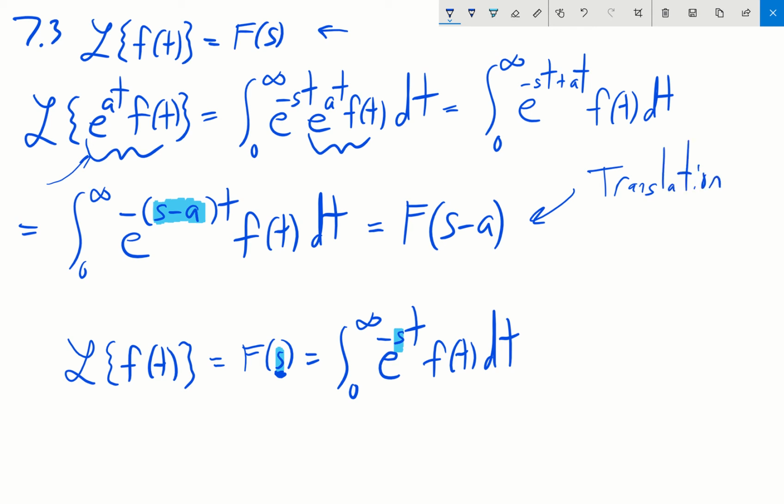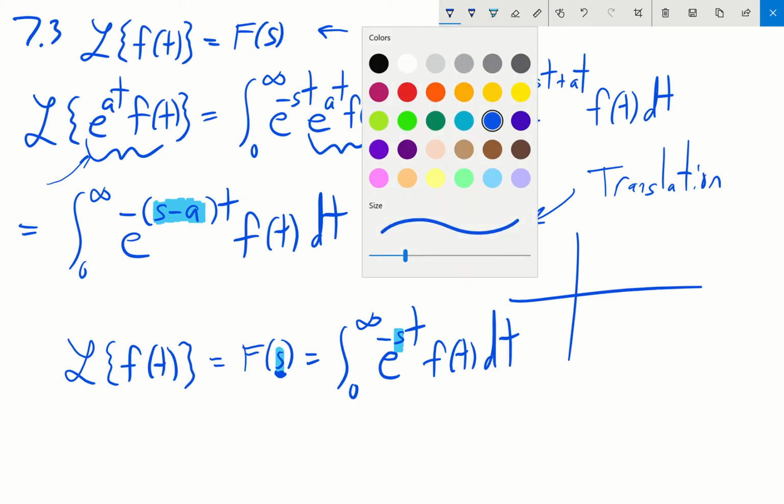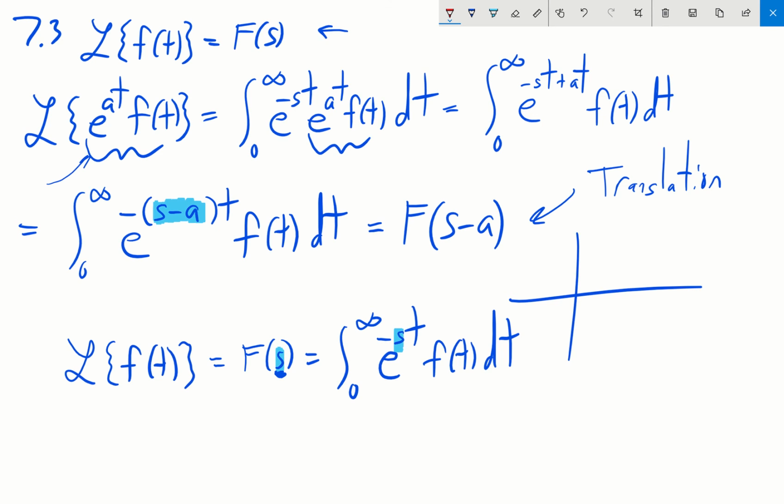Most of you probably recall from some kind of algebra class previously, let's suppose that this is the graph of F of s. So let's suppose that F of s looks like this.